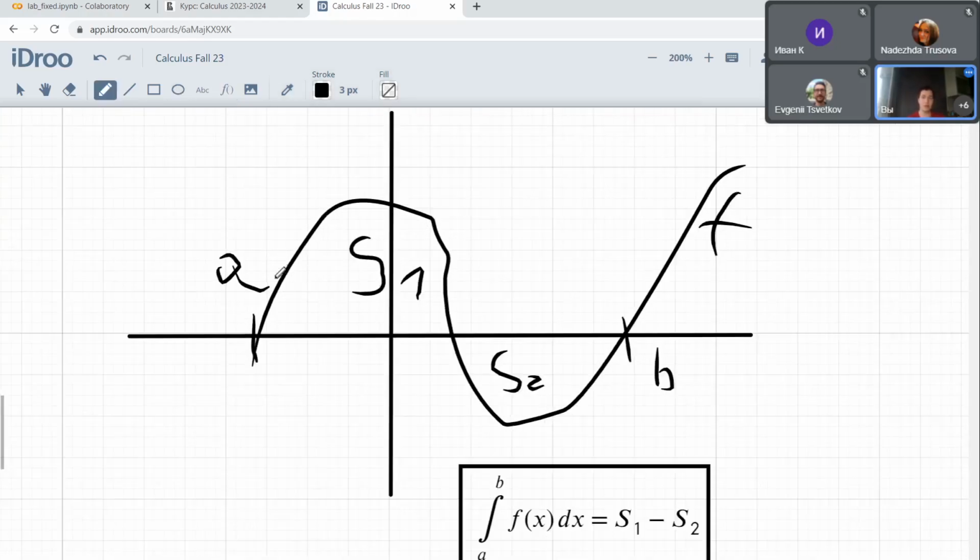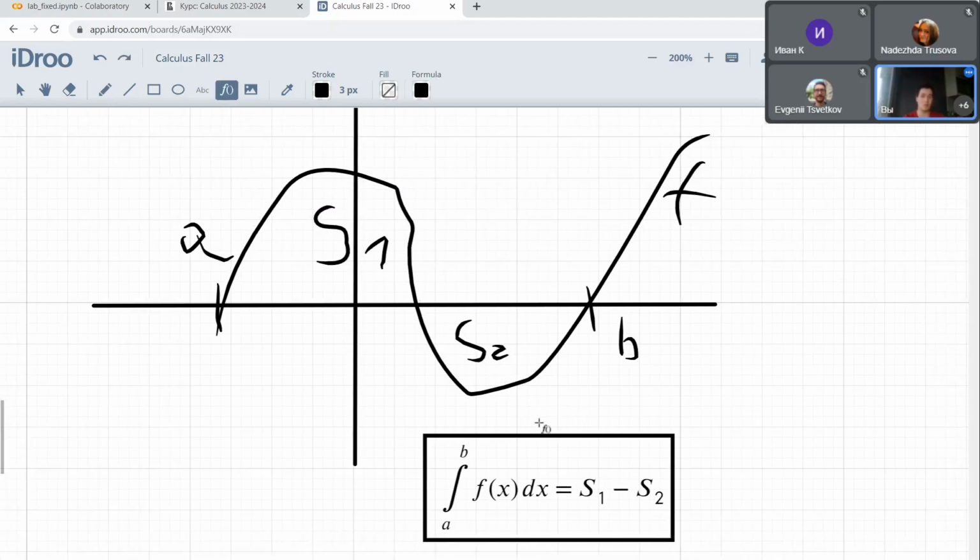Formally, when we talk about areas, this is a positive value, a positive size of the figure, and this thing is positive too. That's why I like to talk about oriented area, because we have a positive area and this area is negative.